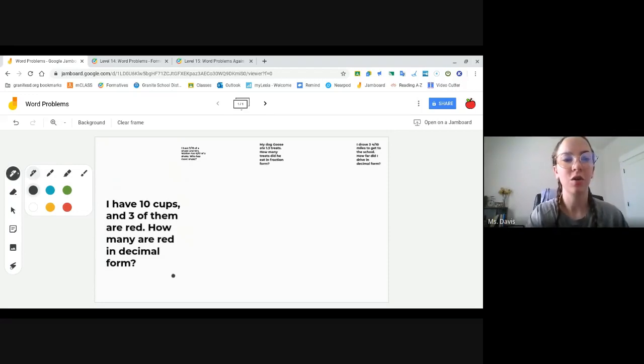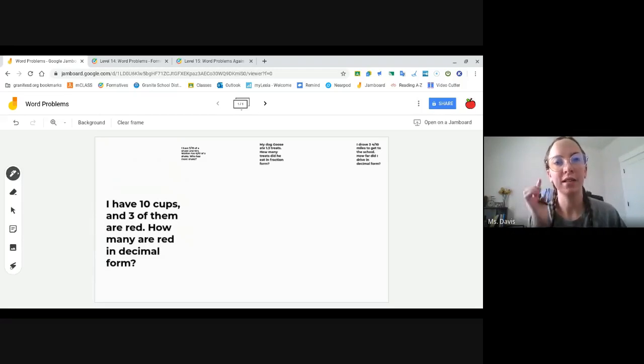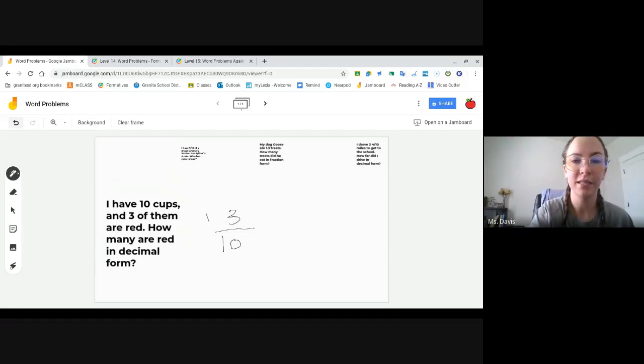Sometimes it's easier to start with my fraction and then move to a decimal if that's the way your brain thinks. So what I could do is start with 3 tenths, knowing that I have 3 red cups out of the 10 total cups, and then change that into a decimal.